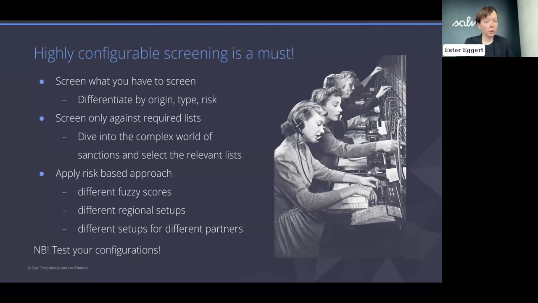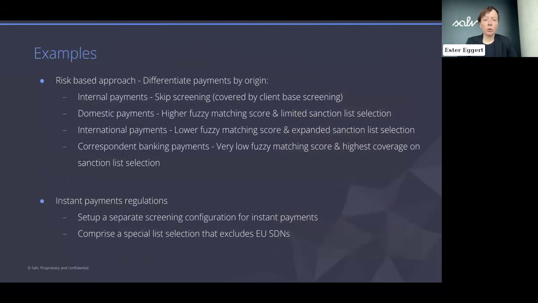For example, in some countries, it might be acceptable not to screen payments under a certain threshold. And of course, that threshold would be very low, but it still comes with a significant impact. But then the question is, does your screening engine support this kind of flexibility, or does it not?